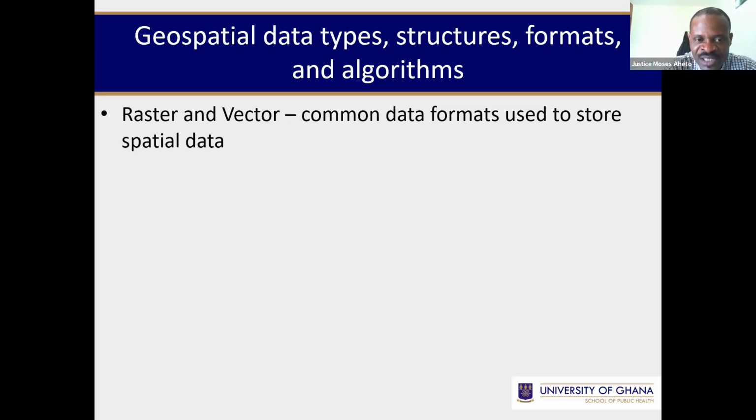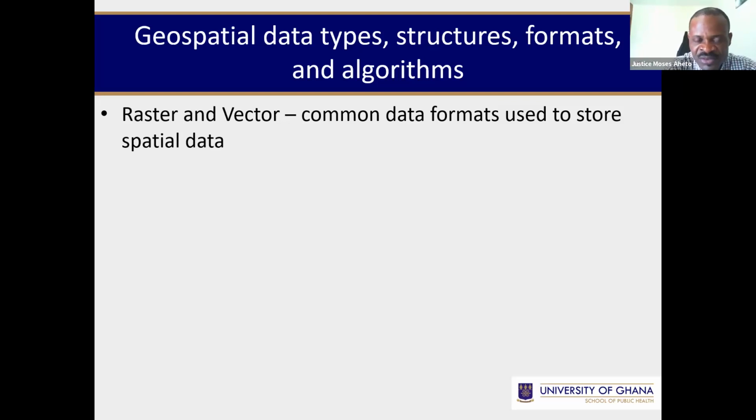So we present data in a vector format, and these are generally created in what you call a shapefile. The vector files are generally created in a shapefile, and it normally has an extension called .shp.